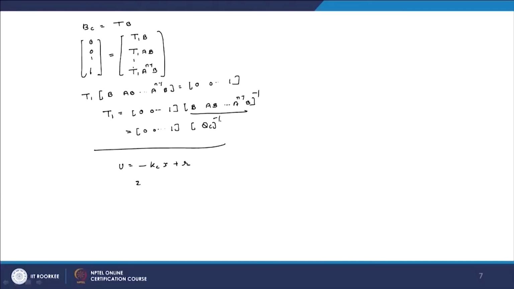Now our purpose is to design a controller. Here we have U equals minus Kc x plus R, and the transformation is Z equals Tx.